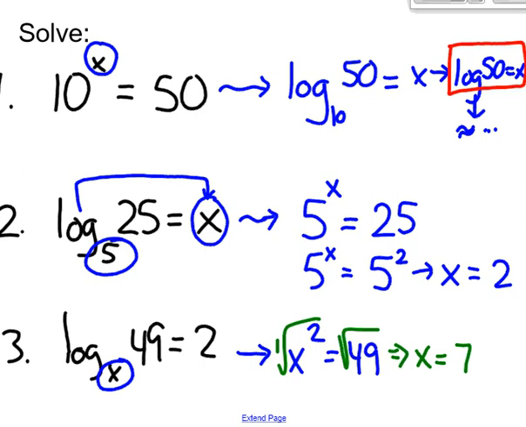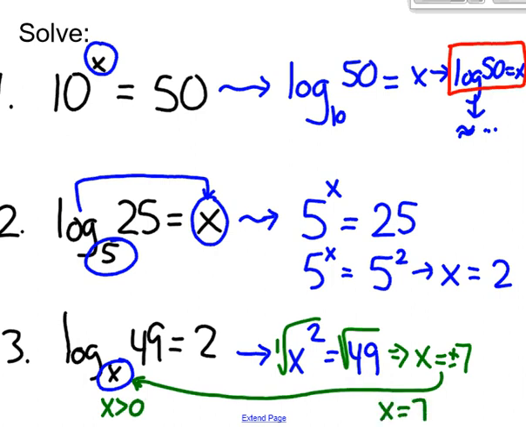Now, remember when you square root, it should be plus or minus 7, right? But because we said at the beginning that when we're having a log here, the base always has to be positive, x has to be greater than 0, so we cannot take the negative as an answer. So our answer is just x is equal to 7.